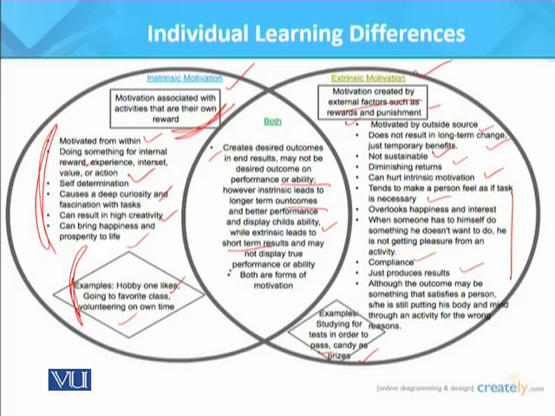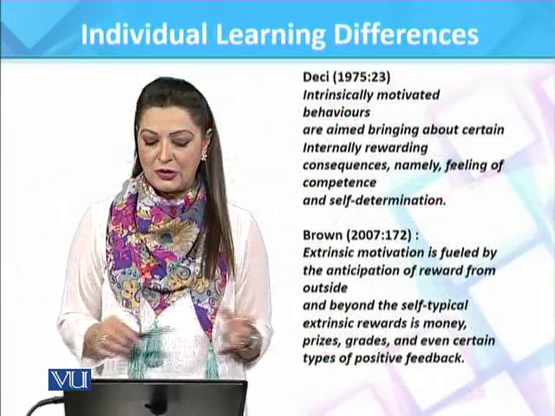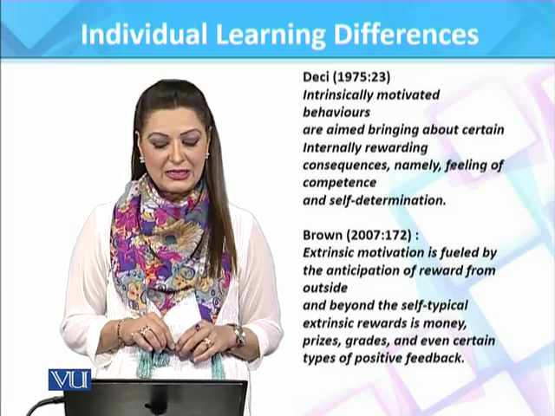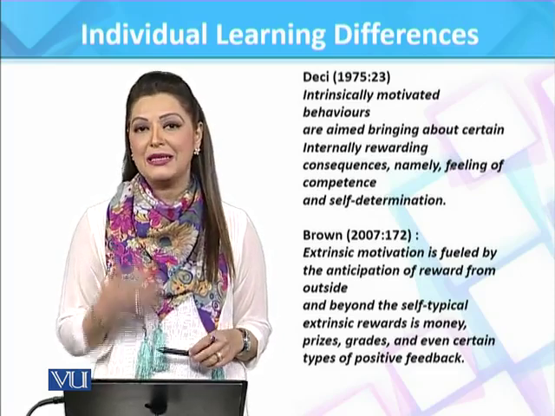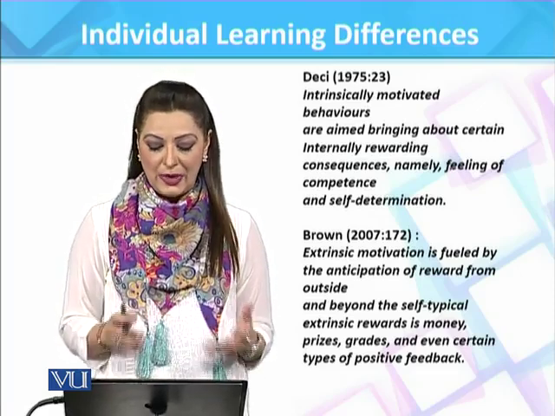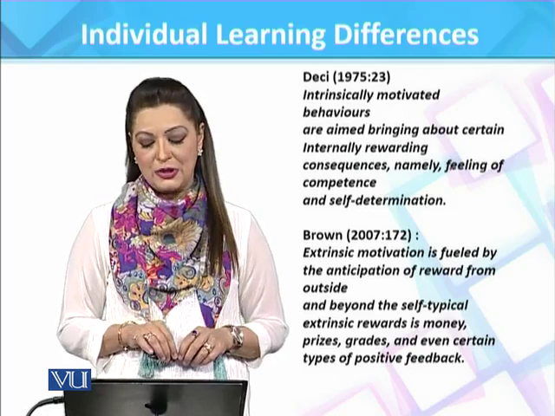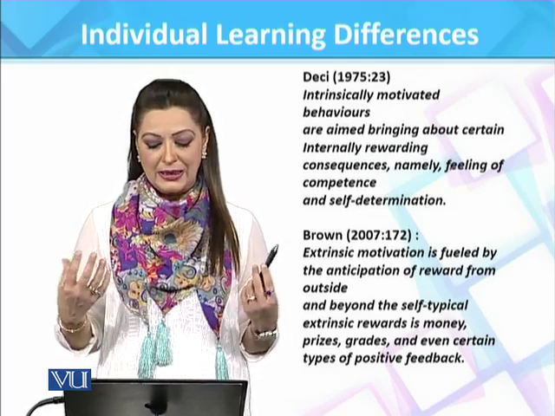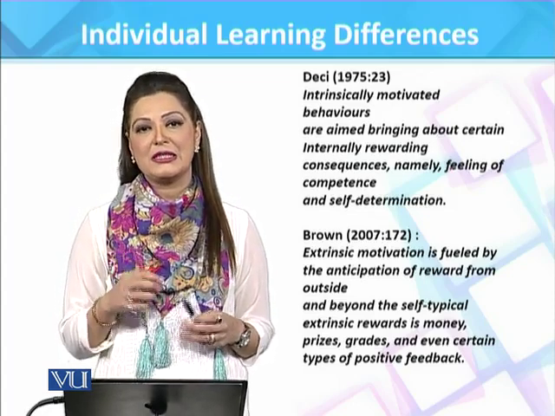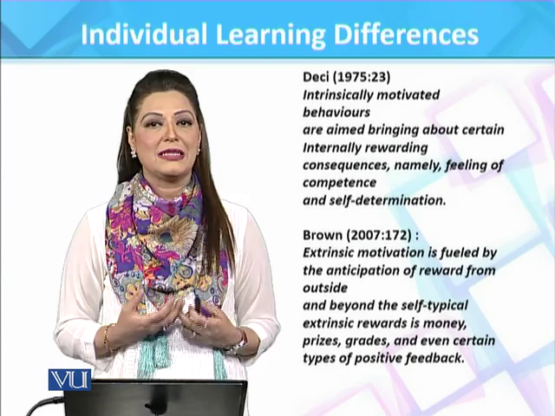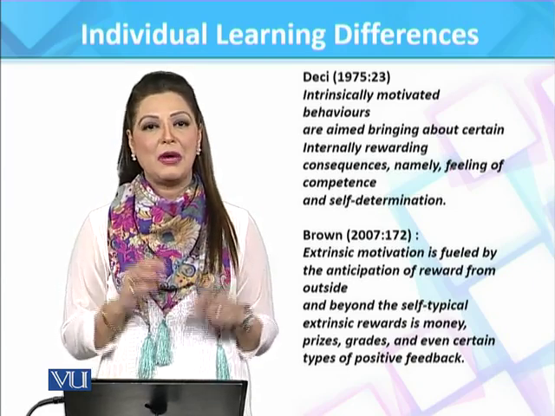So both are forms of motivation and they both have their own specific traits, but intrinsic motivation is considered to be more long-lasting. According to Deci, intrinsically motivated behaviors are aimed at bringing about certain internally rewarding consequences, whereas according to Brown, extrinsic motivation is fueled by the anticipation of reward from outside. So this is the major difference, that your reward coming from within is intrinsic and coming from outside is extrinsic motivation.